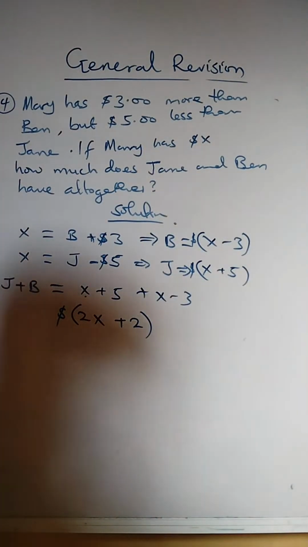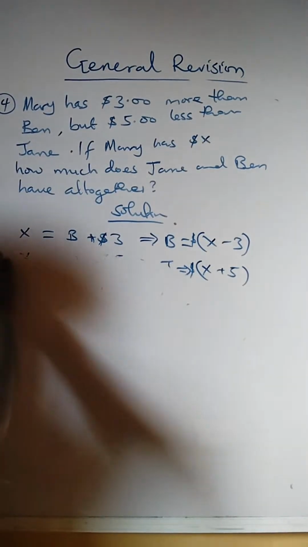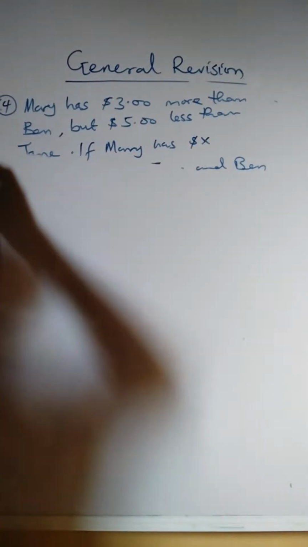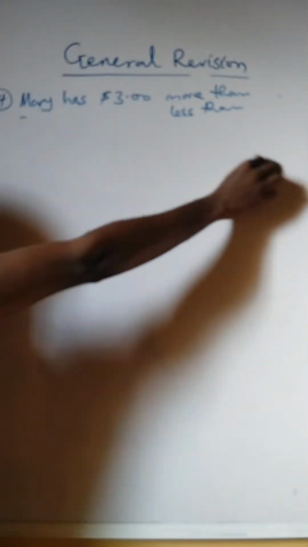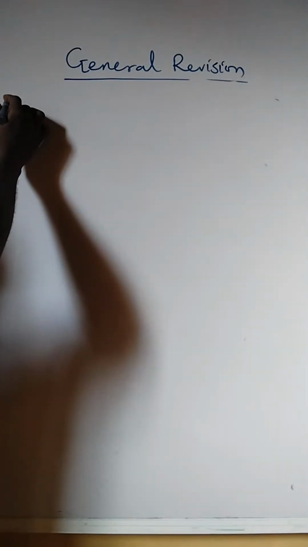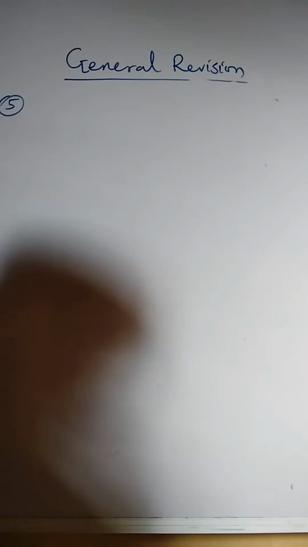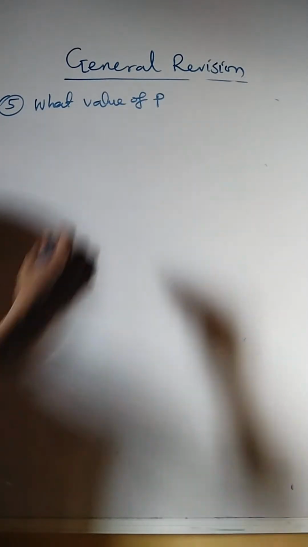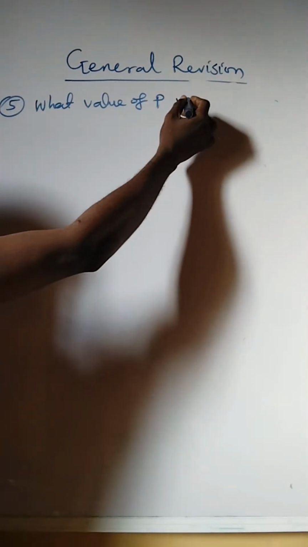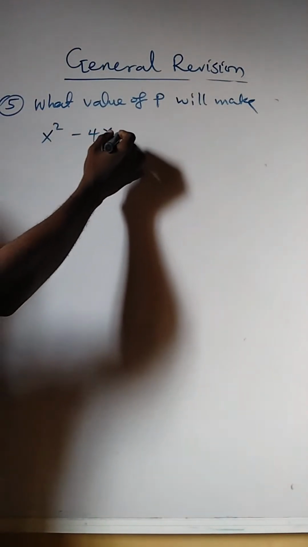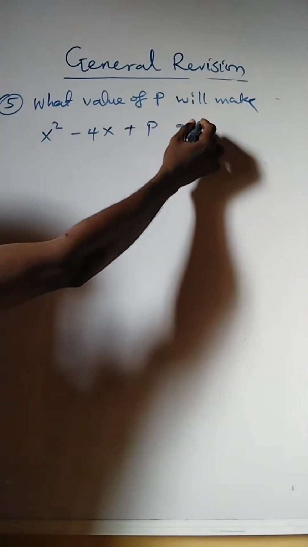Let's look at another one here. I'll label this as question number 5. Here in this question, we ask what value of P will make x squared minus 4x plus P a perfect square.